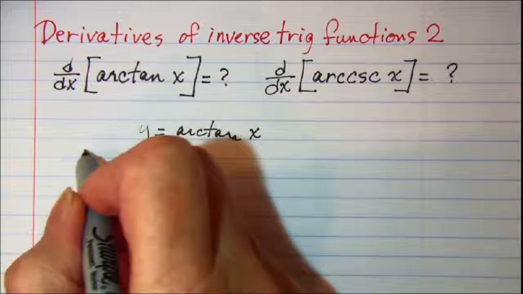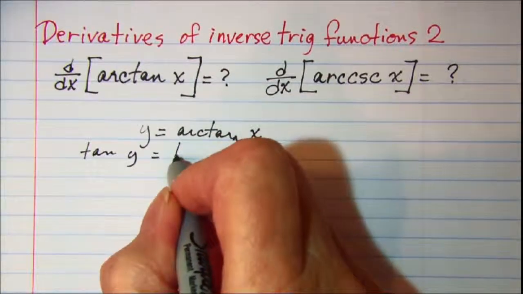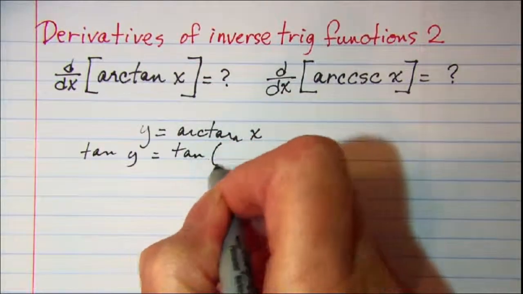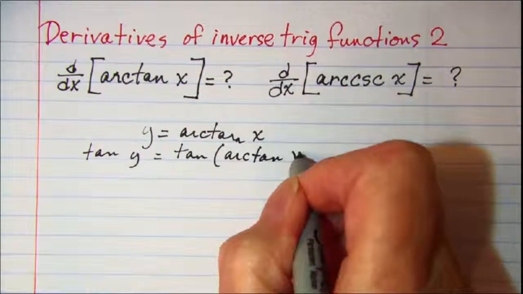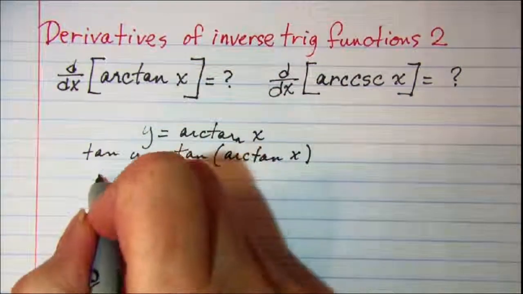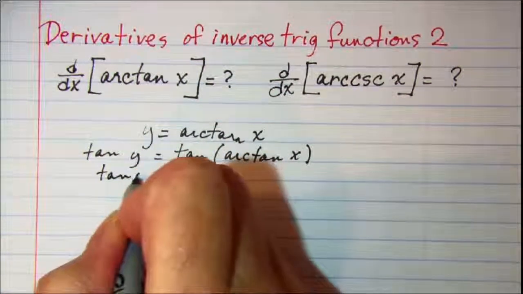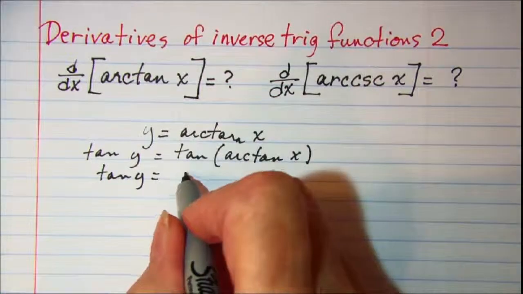Then if we take the tangent of both sides, we can simplify this. I'll copy the left side, and the tangent of the arctangent x is just x.